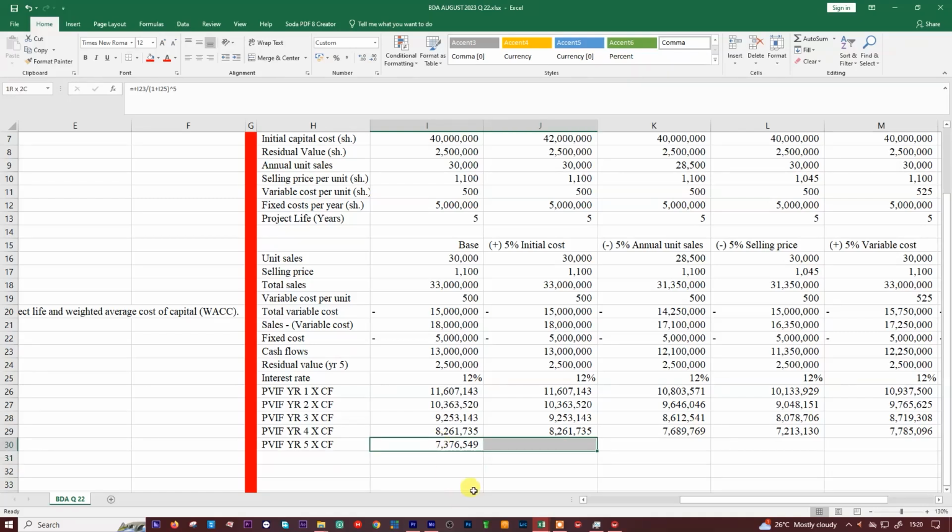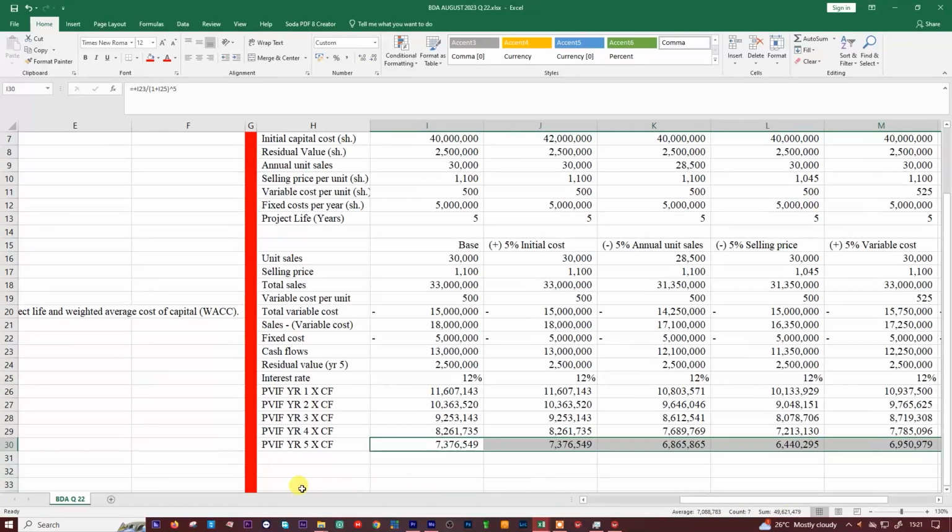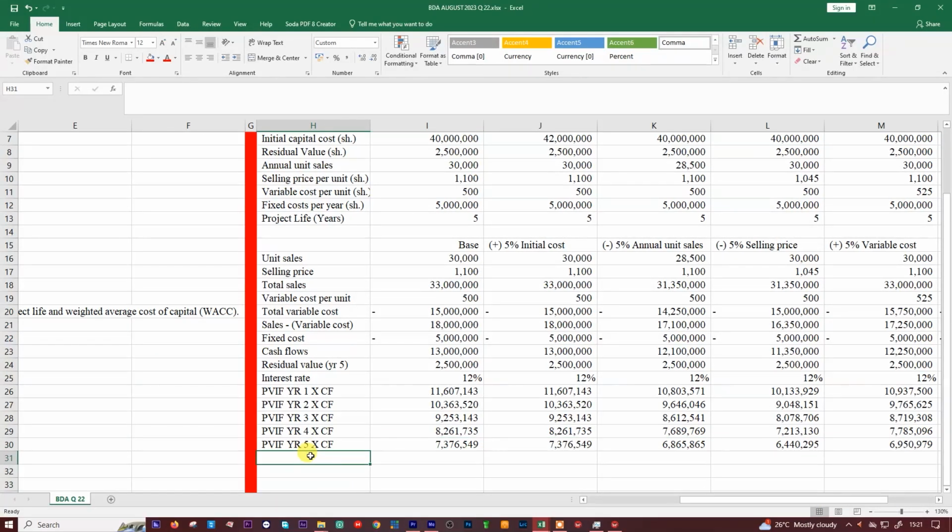So Control R. Then we have what is called the residual value. Residual value. So you can say PVIF, present value interest factor, year 5, times cash flow. That's what you do. So this is residual value.